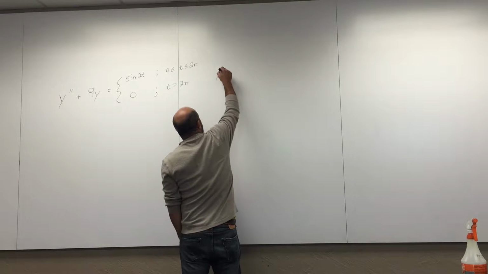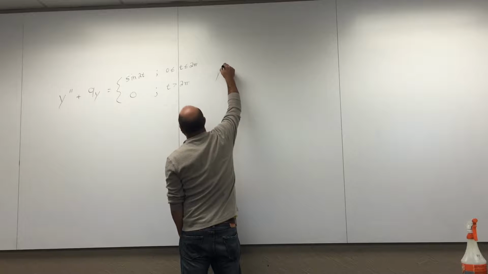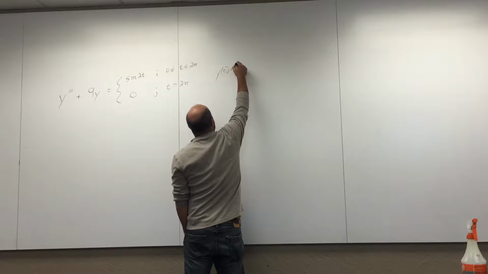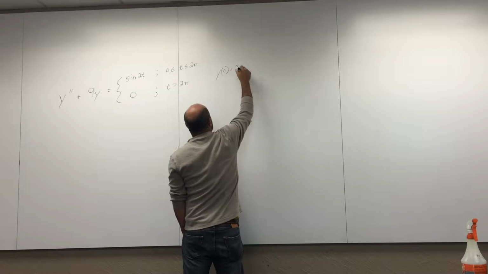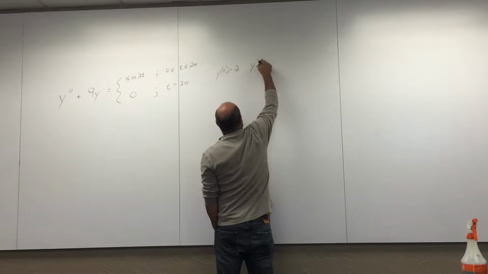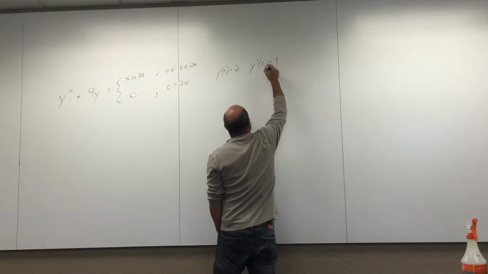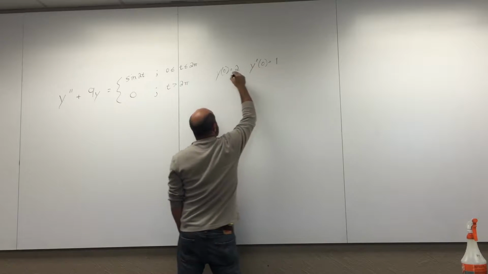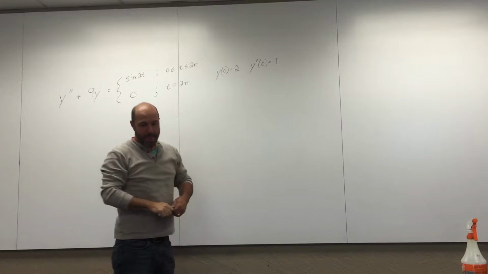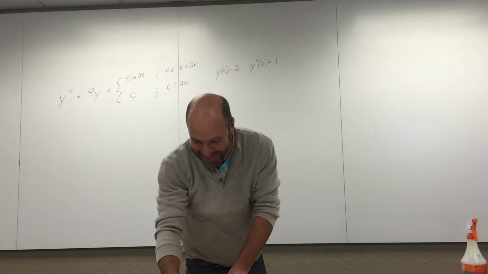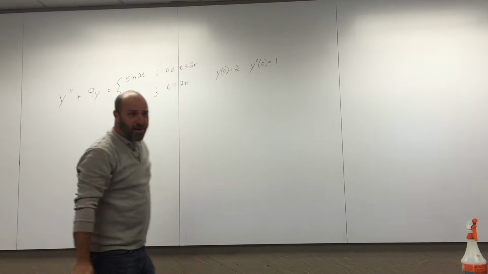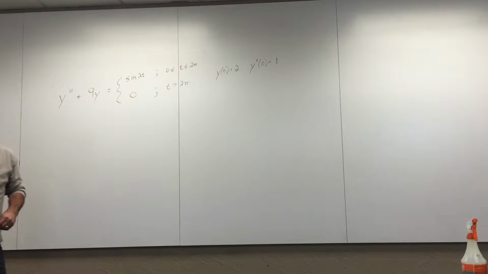I really should. y of 0 equals 2, and y prime of 0 equals 1. Okay? All right. That sounds like a problem. This might take a whole hour right here.